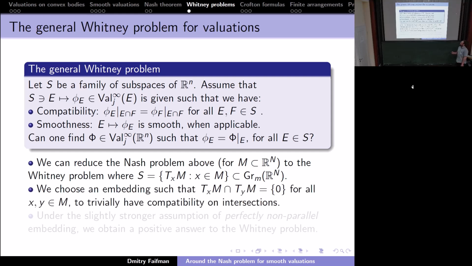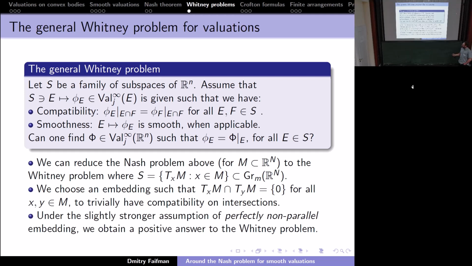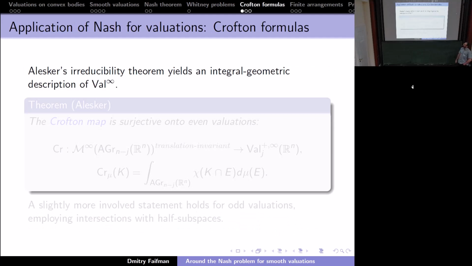And if you're careful to choose an embedding such that no two subspaces intersect, which can be done if the dimension is high enough, then there are no compatibility issues. So you might be expecting a positive solution to the Whitney problem. And under the slightly stronger assumption of the embedding property I was talking about earlier, perfectly non-parallel, we indeed get a positive solution to this Whitney extension problem.